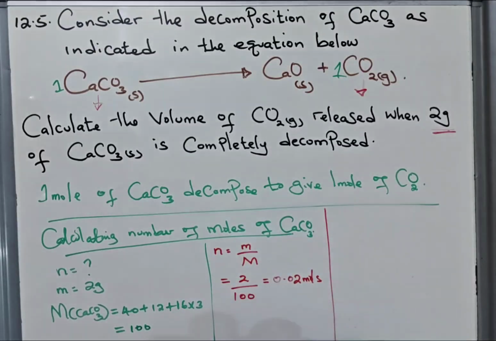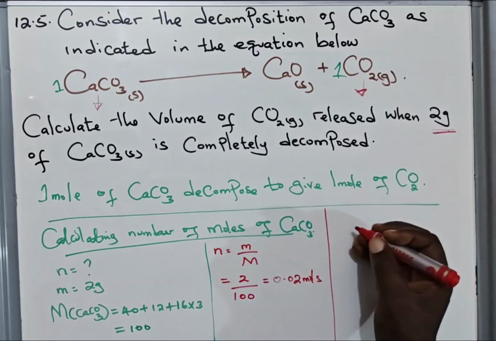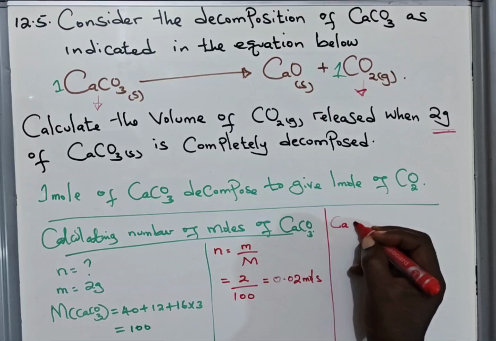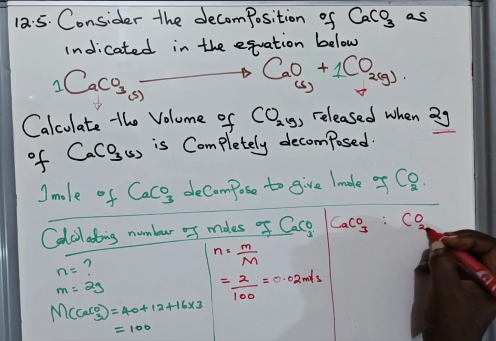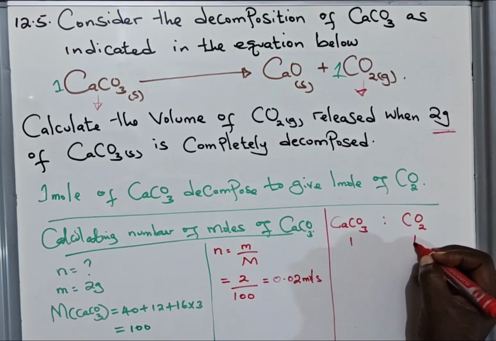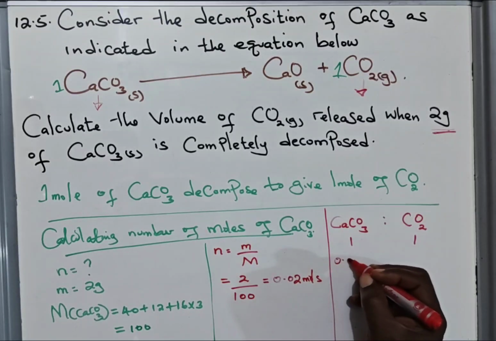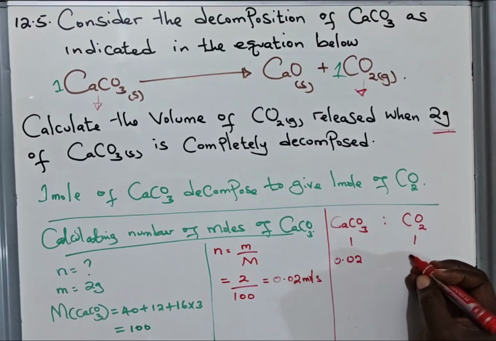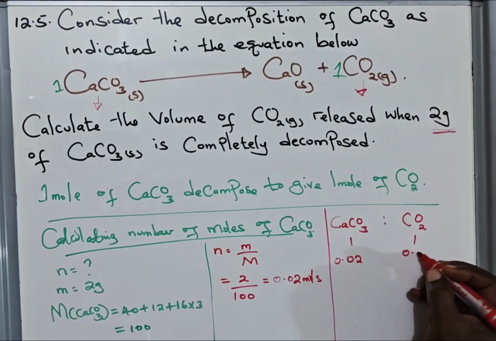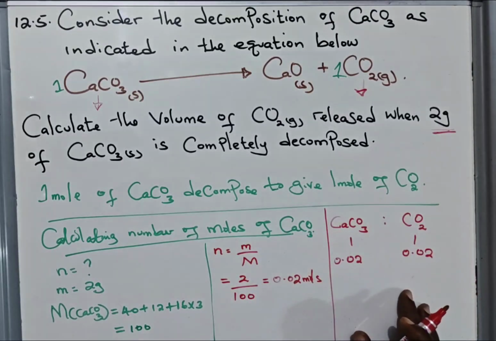Now that we know the number of moles, we can go back to our ratios. Remember, we are looking at calcium carbonate to carbon dioxide, and we found the ratio as 1:1. But we have just calculated the number of moles of calcium carbonate, which is 0.02, implying that even the number of moles of carbon dioxide is 0.02 by virtue of the ratio being 1:1.